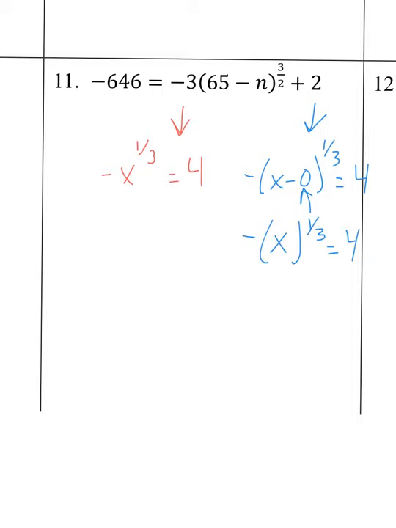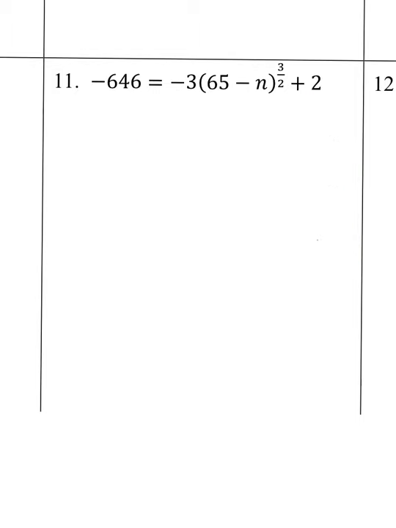The reason I bring that up is because in this problem, we want to isolate 65 minus n to the exponent 3/2, just like we did in the last problem. We isolated the x to the exponent 1/3. So first step we're going to do is subtract 2 from both sides of the equation.